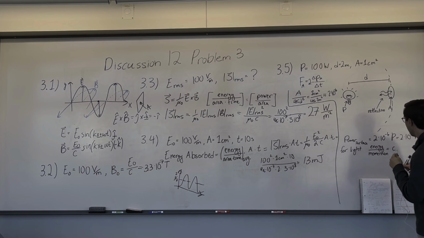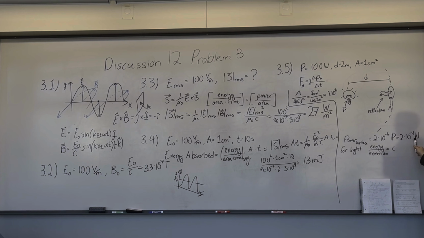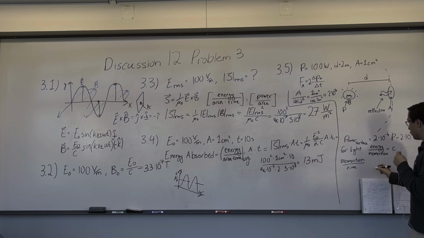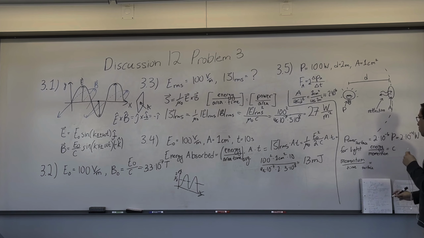So the way we can use that, if we think of our watt as an energy per time, is that the momentum per time for our surface is the same as this P surface, but we need to divide by c. The reason we need to do that is to convert from energy to momentum.